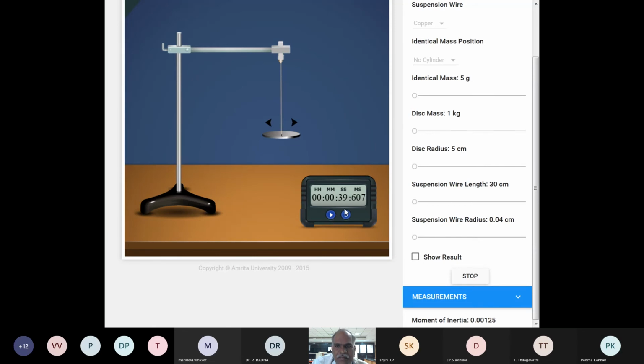So for 10 oscillations, the time is 39 seconds.